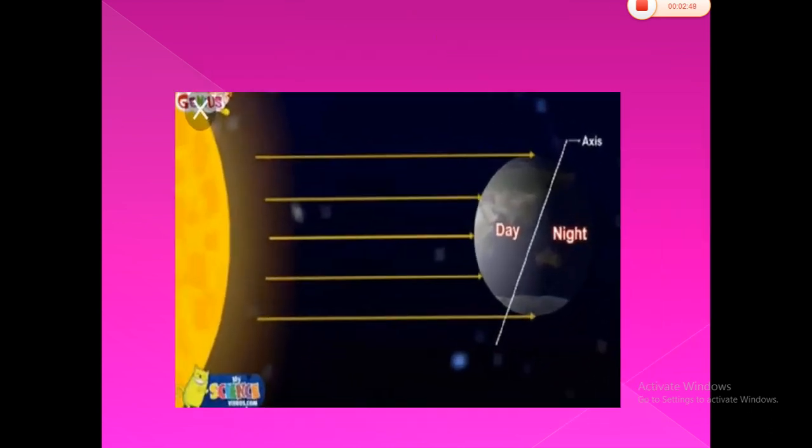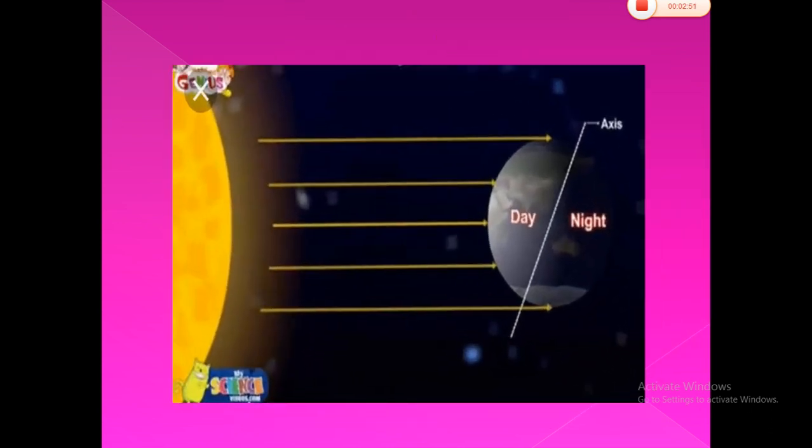Next, day and night. Day and night are the effect of the rotation of the earth. As the earth is round, the half facing the sun receives sunlight and has day. The opposite half of the earth does not receive sunlight at that time and has night.